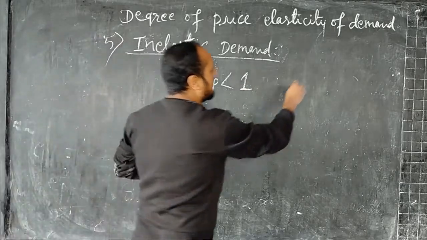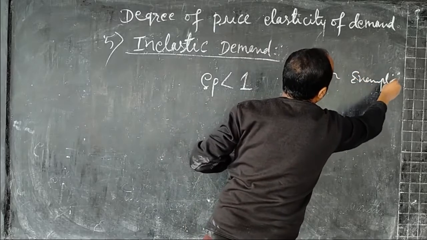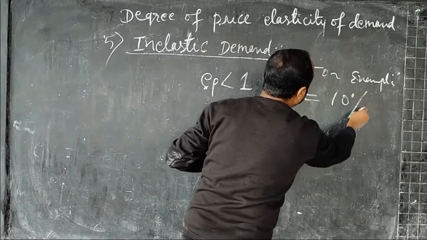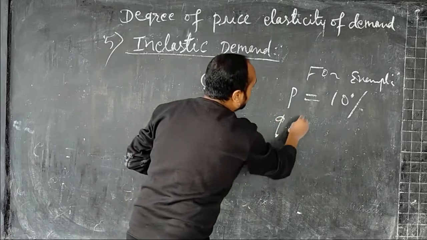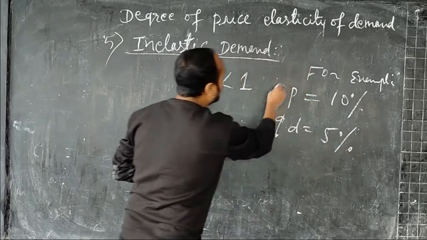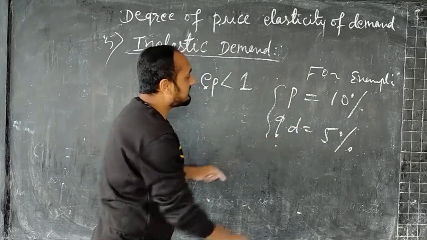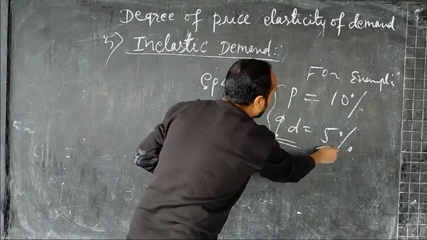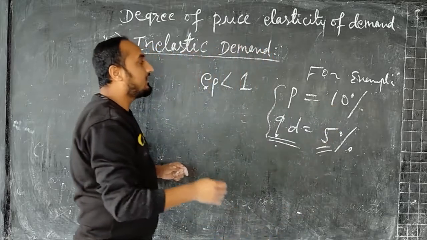For example, if price of a commodity changes by 10%, and due to that, the quantity demand only changes by 5%. So if we compare the percentage change of price and the quantity demand, we can see that the quantity demand is changing by less, that is only by 5%, where the price of the commodity is changing by 10%.